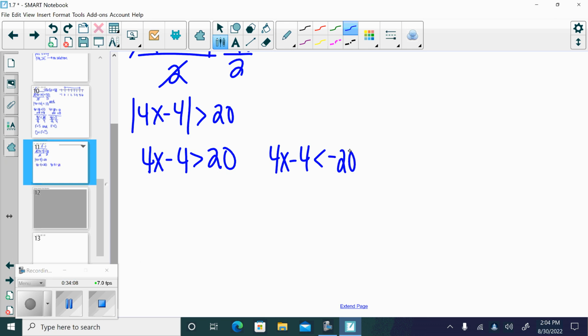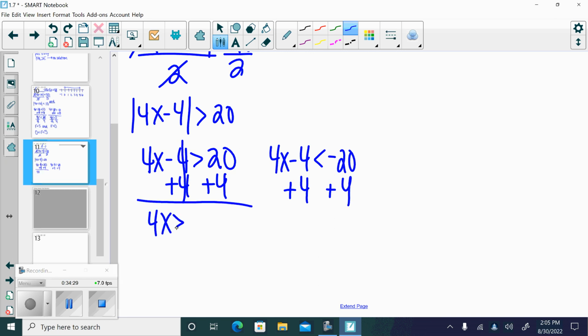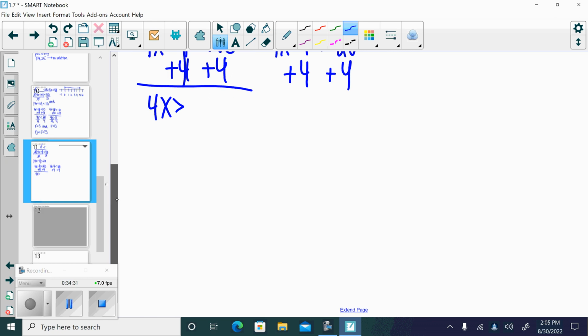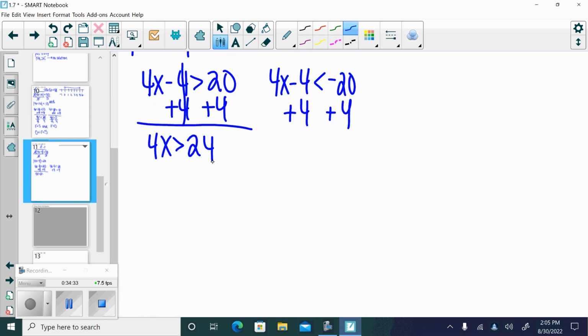So you flip the sign, and when you flip the sign, you have to change whatever the sign of your number on the right side is. Good. Now we have 2 inequalities. So we're going to add 4 to both of them. So I get 4x is greater than 24, and 4x is less than negative 16.